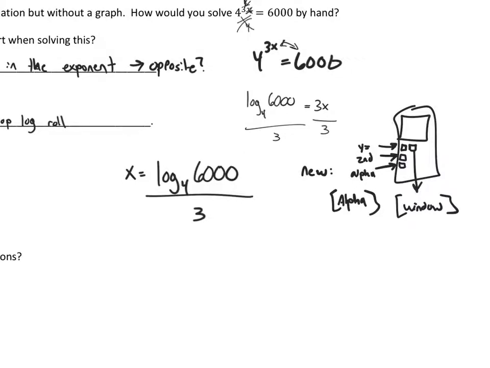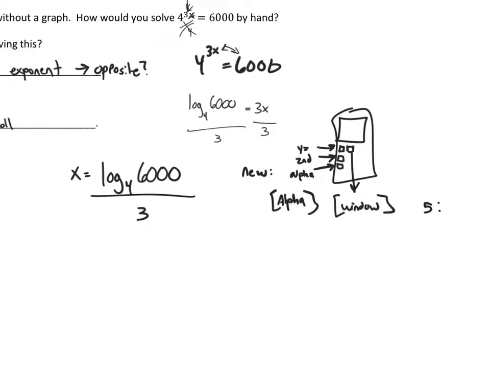When you hit alpha window, option 5 is log base. We saw this the other day. It will allow you to type in log base 4 of 6,000. You'd fill in a 4 in that box, a 6,000 there, and then you'd push divide by 3.